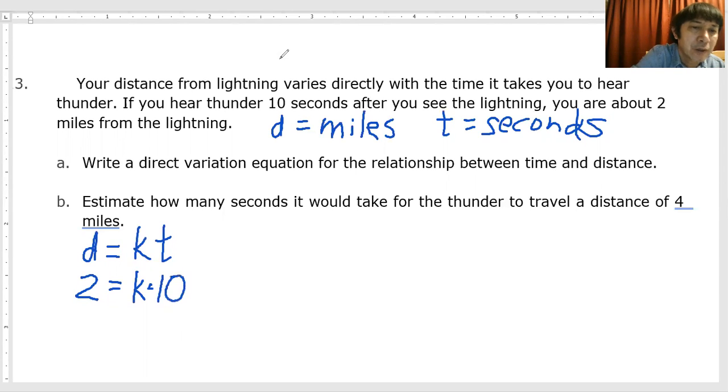So we have K times 10. We can now solve for our K here, which looks like 1/5, after division by the number 10.